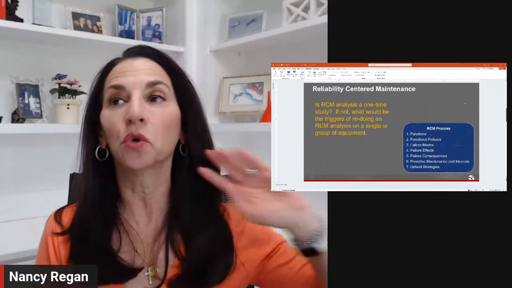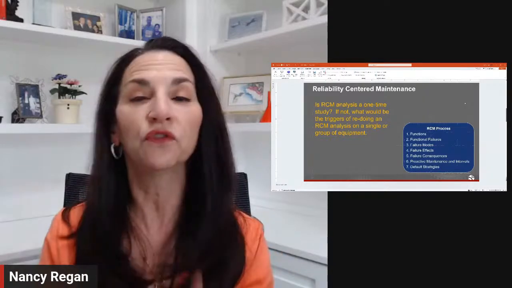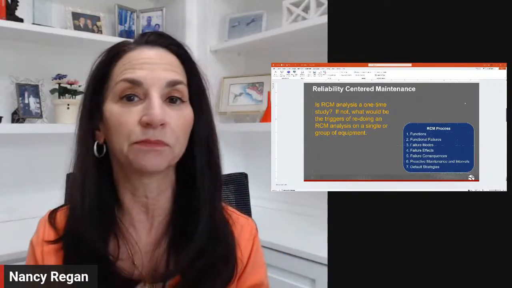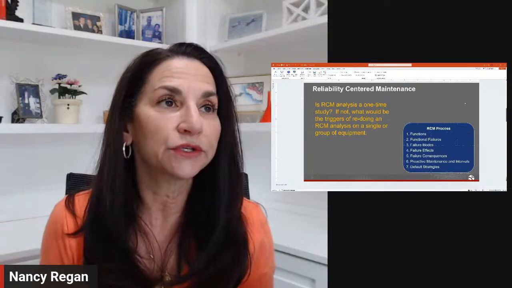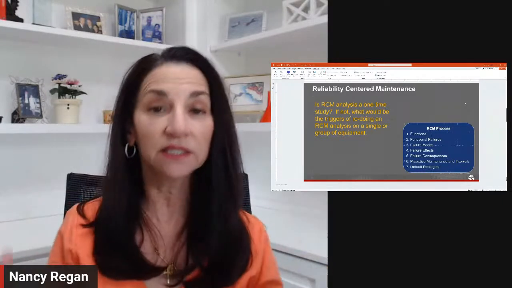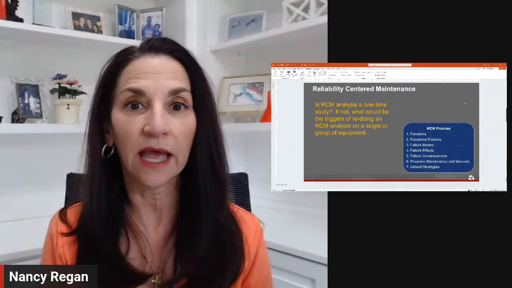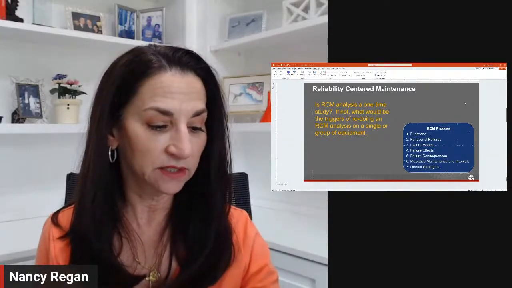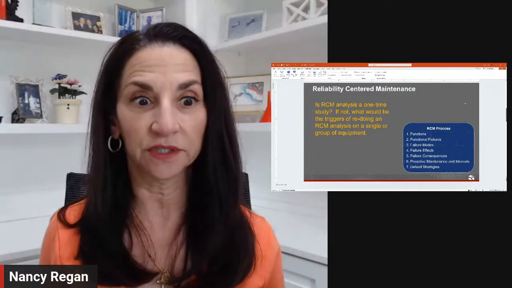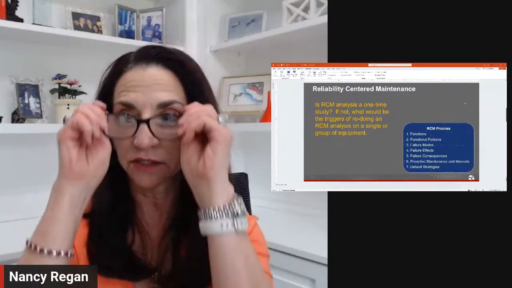It could take you a couple of hours to maybe up to a day or so to just review that analysis and make any applicable changes. Of course, depending upon how many changes or the complexity of the changes, that will play into how long. But that would be what governs how often you go back through an RCM analysis.